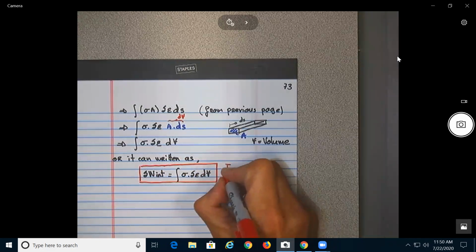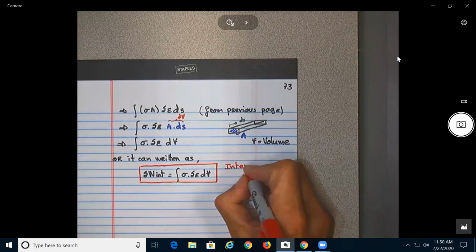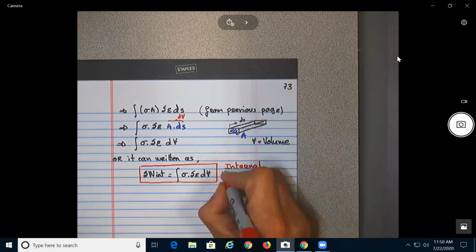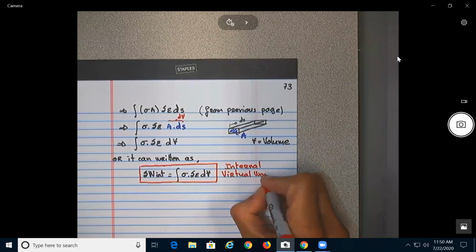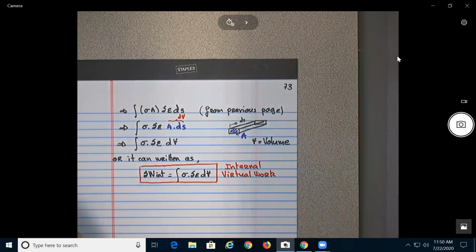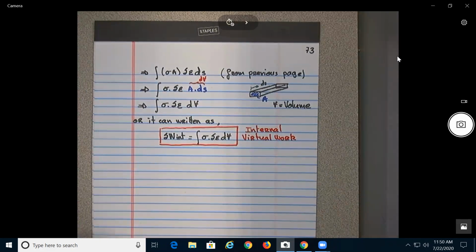Okay, and this will be the expression for the internal virtual work. Okay, when I told you that this is the power tool for structure, this is true. I mean, we're not going to go into detail, but all the finite element programs are derived from this.